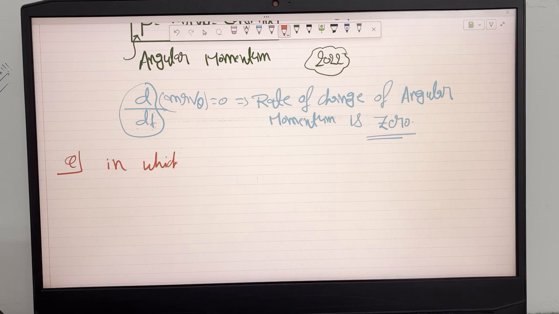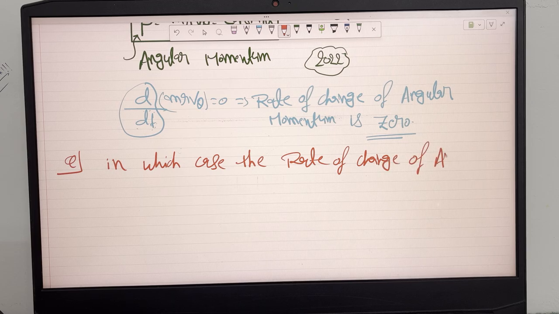Write a question: in which case the rate of change of angular momentum is 0.